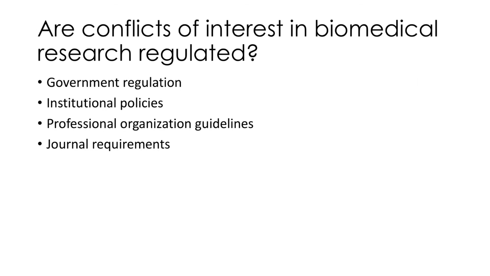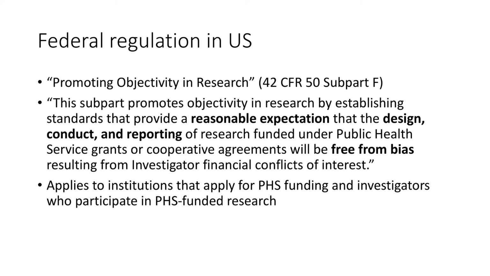Are conflicts of interest in biomedical research regulated? The short answer is yes. There are regulations at the federal level that require institutions to apply for funding from the Public Health Service and investigators who participate in PHS-funded research to disclose and mitigate conflicts of interest.